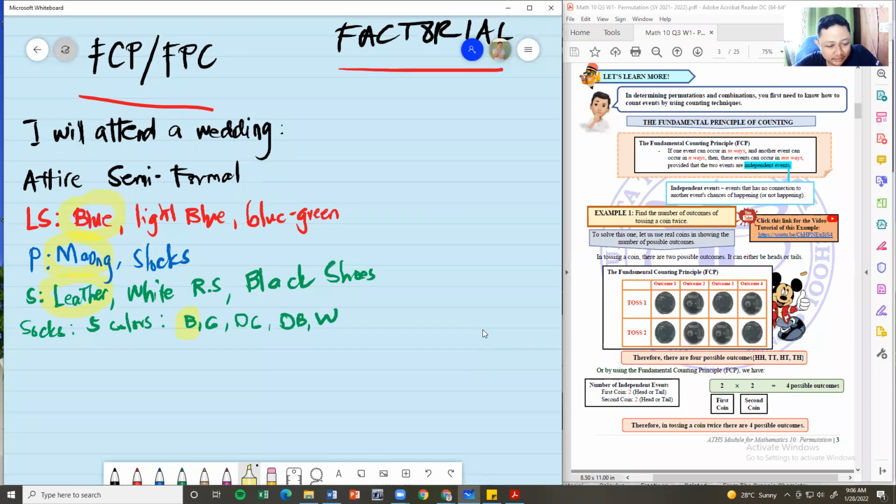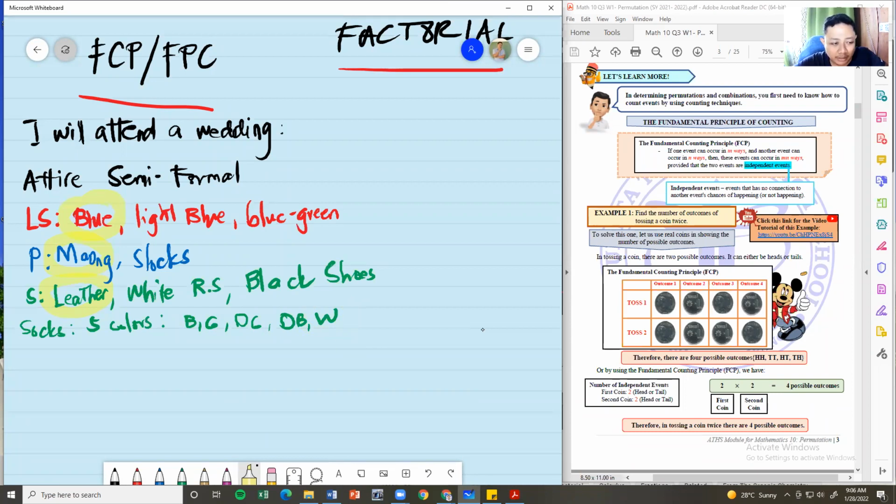I can also have blue, maong, leather, at saka gray na socks. I can also have blue, maong, leather, and then dark gray na socks. I can also have blue, maong, leather, and dark blue na socks. I can also have blue, maong, leather, and white socks. So from that listing pa lang, I already had 1, 2, 3, 4, 5.